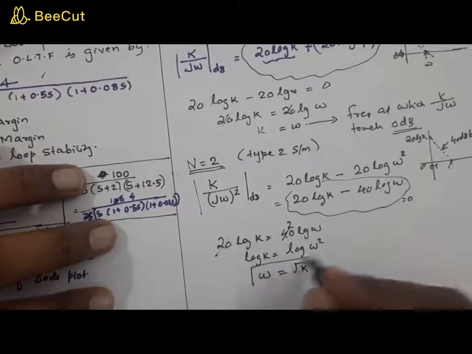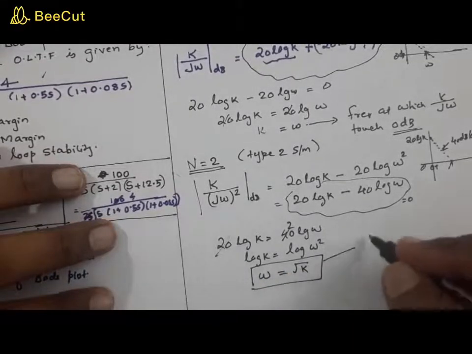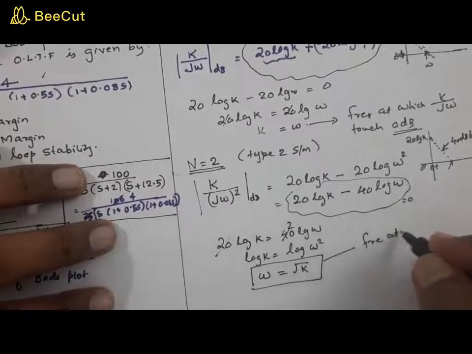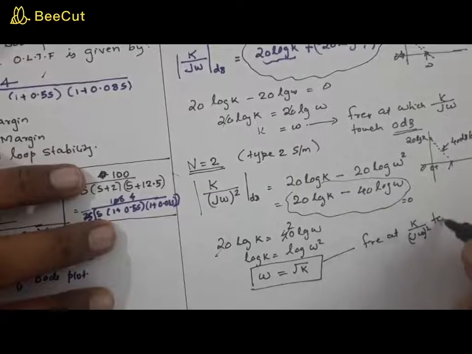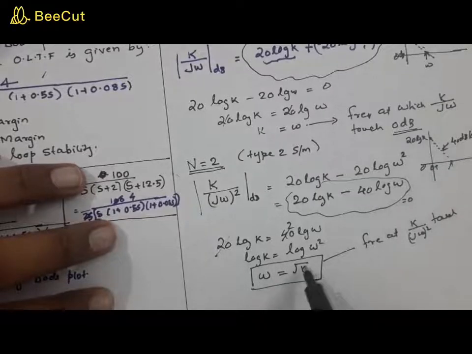This is the frequency at which k by j omega square touches the 0 dB line.